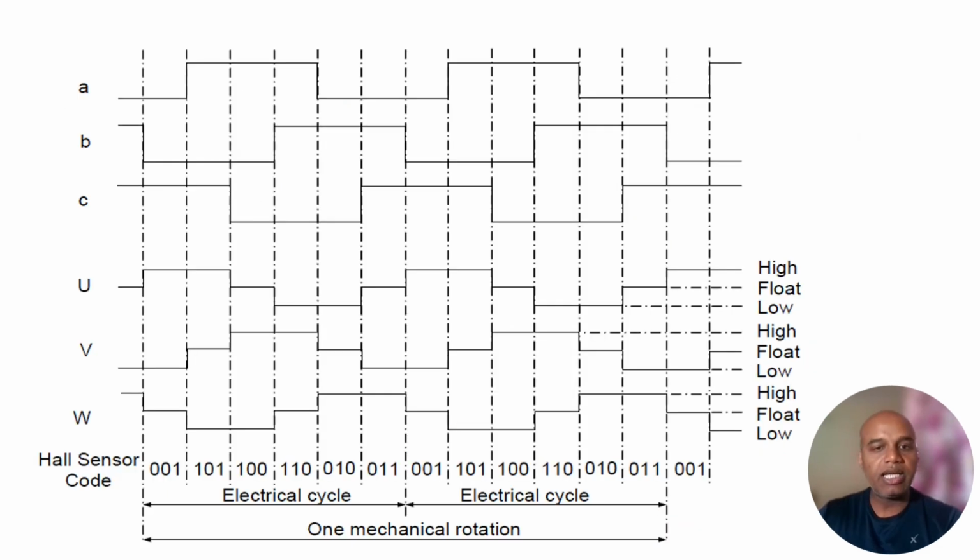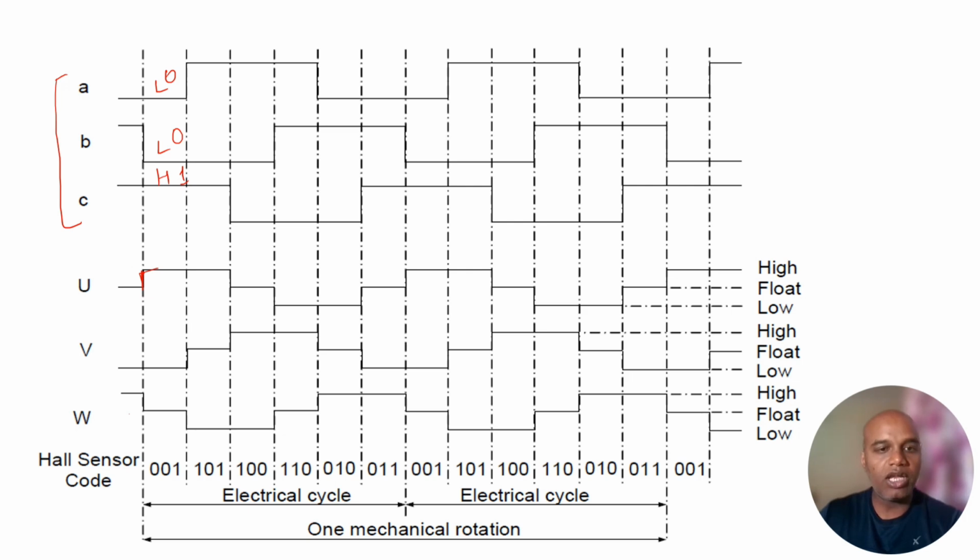So taking the timing diagram for one 360-degree rotation, we can see the three Hall sensor outputs over here. In the first condition, the Hall sensor output was A low, B low, and C high, so it is nothing but 0 0 1, and in this condition the U winding was energized initially along with the W winding, which completed the circuit.